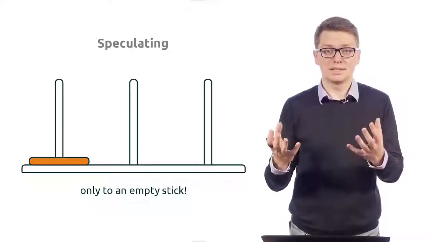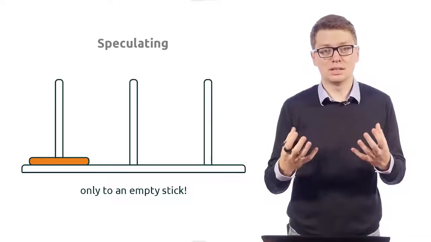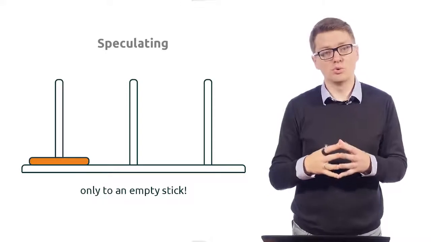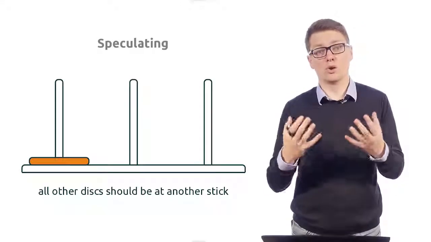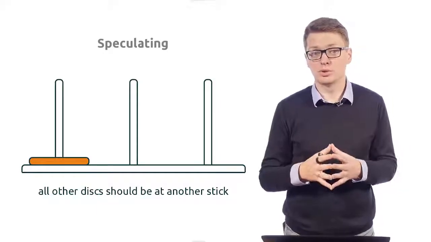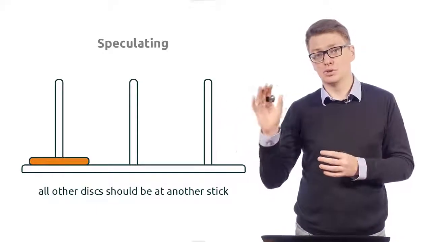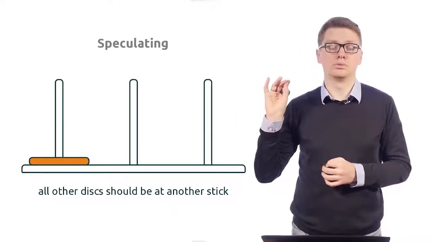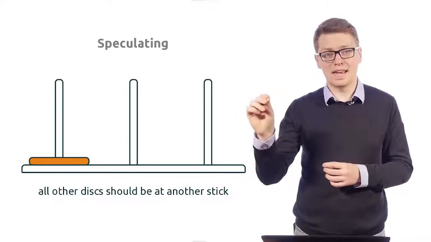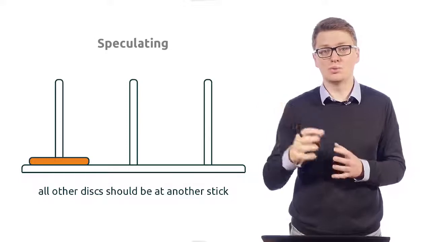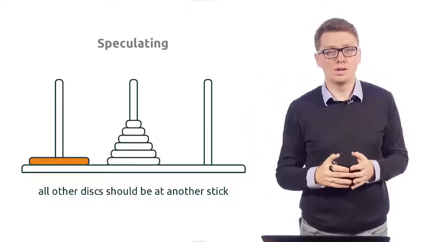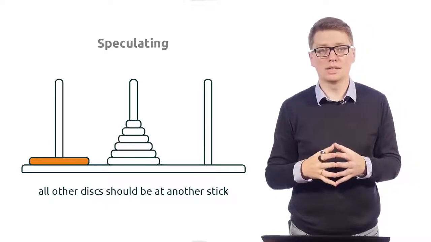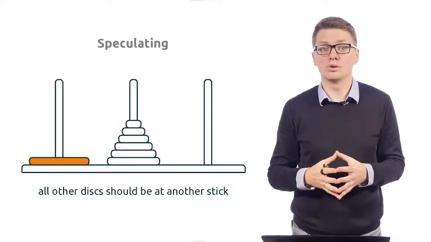This means that when we are moving the largest disk, we should move it to an empty stick, which in turn means that all the other disks at this point should be put on the same stick. And since we know that all the disks are always in increasing order, we know that at this point all the other disks should be located as follows. Right?